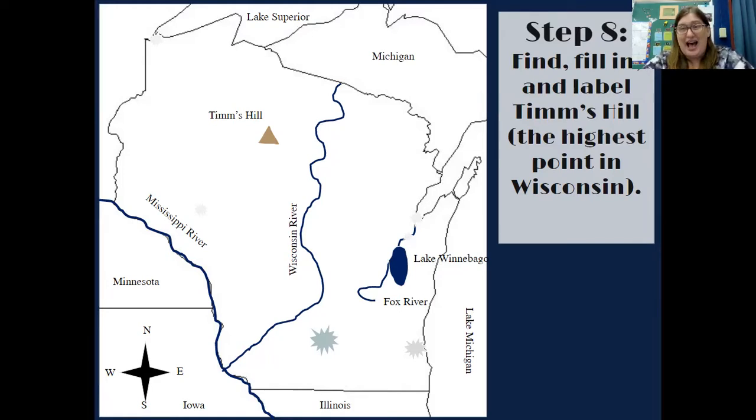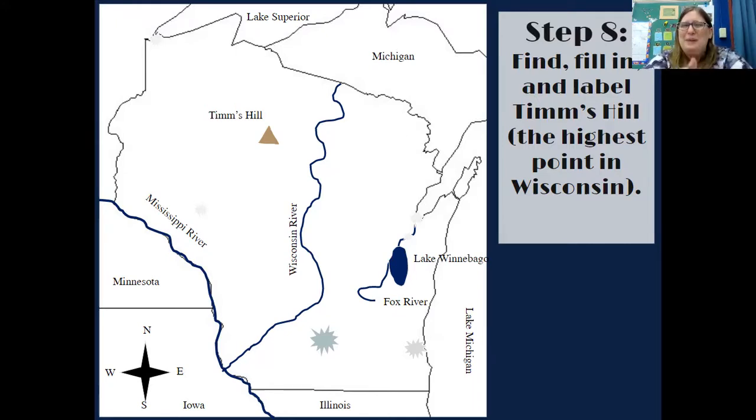It has an elevation of 1,951.5 feet. That's the proper way to say it. It has at the top of it a tall tower, and you can look out over the state. It's kind of cool from what it sounds like.